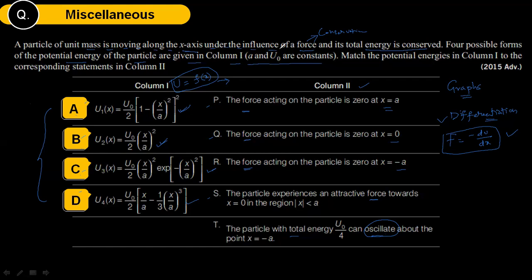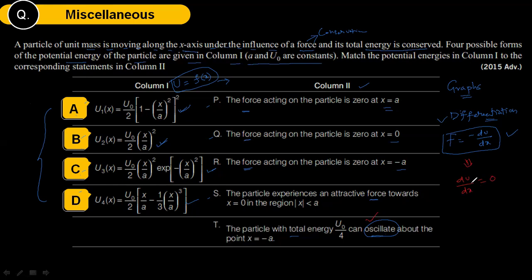It is moving along the x-axis. It may oscillate also. Further, students, whether it is oscillating or not, you need to apply this method. This way of thinking is compulsory. After calculating dU/dx, the force can be analyzed. But in order to confirm whether the particle is oscillating or not, you need to do this: after calculating dU/dx, equate it to 0.